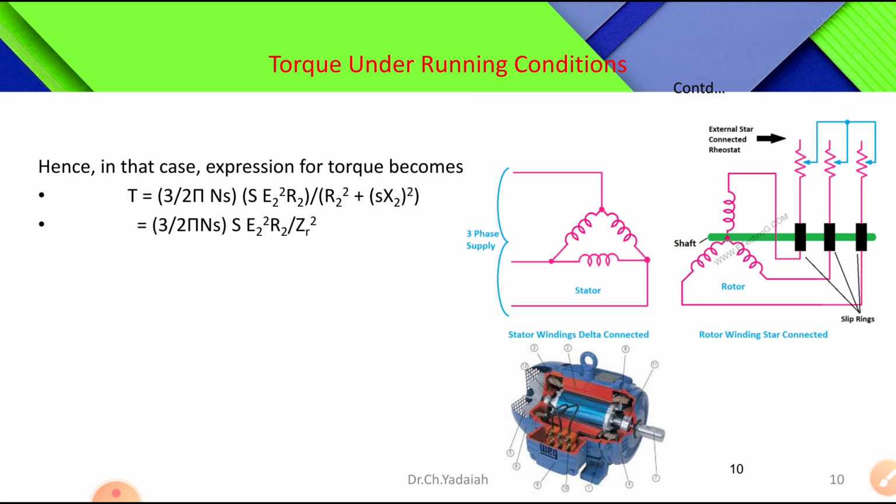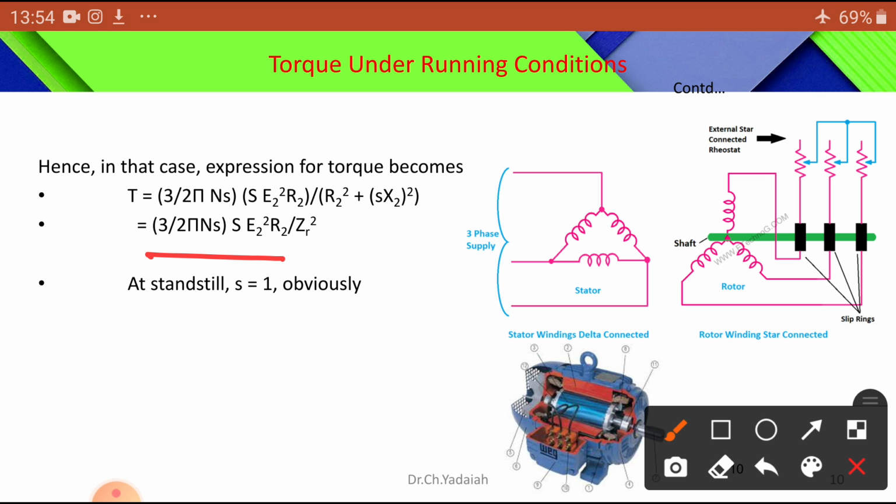We substituted the omega value and the P2 we calculated. Remember that this is 3 by 2 pi Ns by 60. I require RPS, so RPM by 60. So I am going to get this at standstill condition.